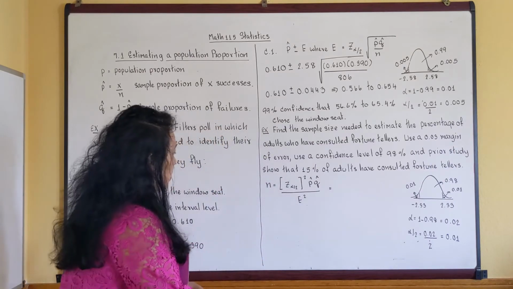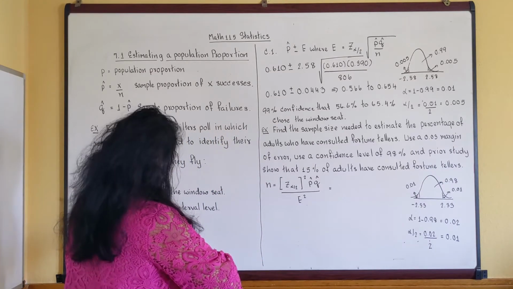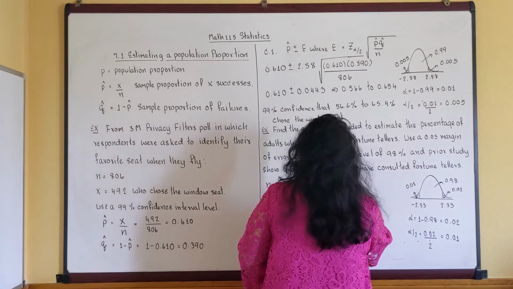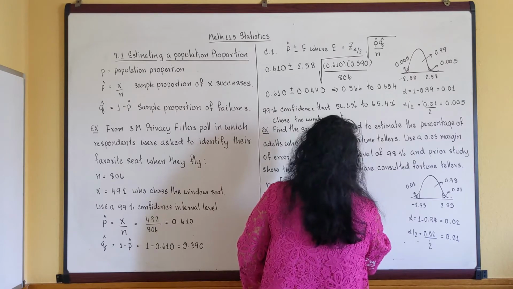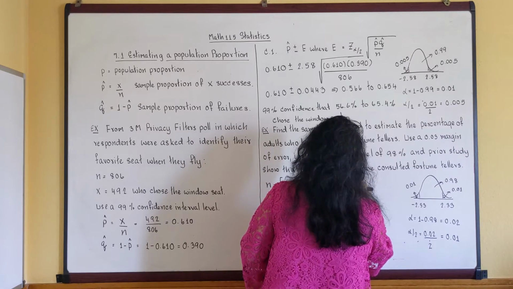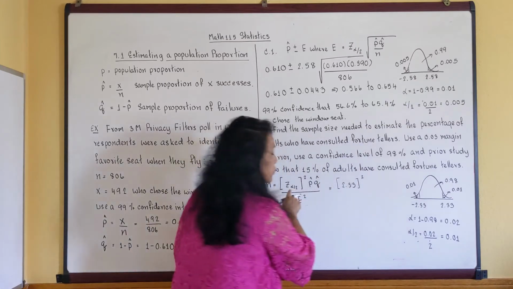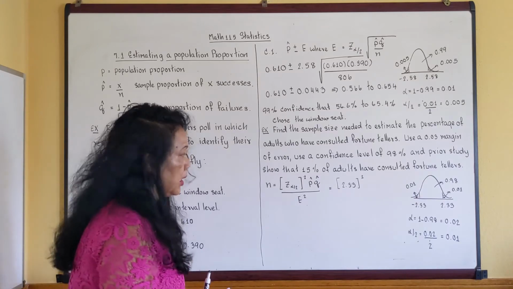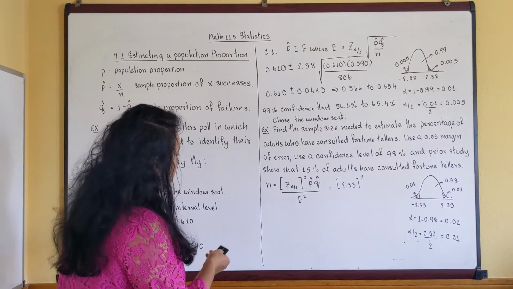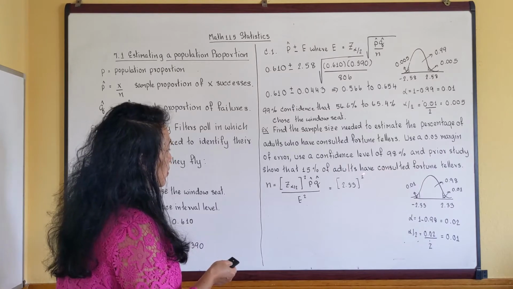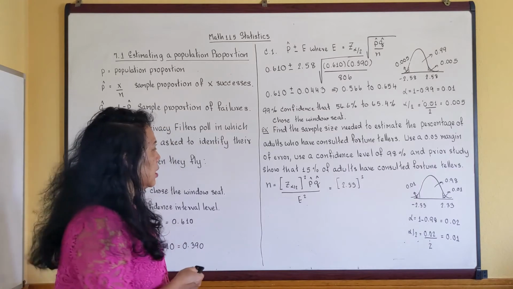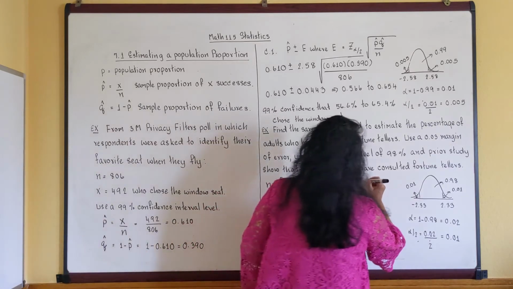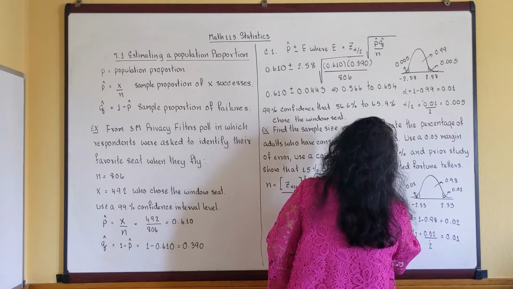So let's plug it in here. I'm going to have 2.33 quantity squared from the formula. P hat here is the success. They give you the p hat here. The p hat is the 15%, or people who like to consult a fortune teller. So 15%, let's convert it to decimal. If you convert to decimal, it's 0.15.